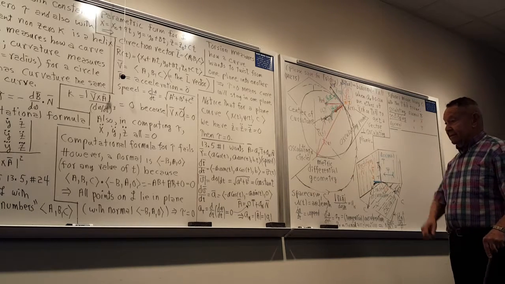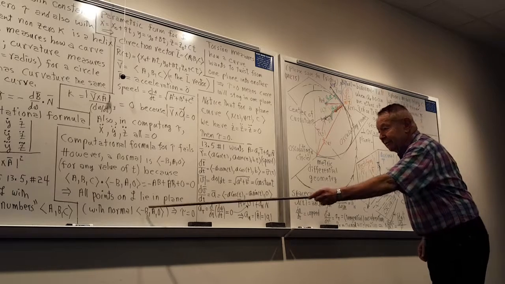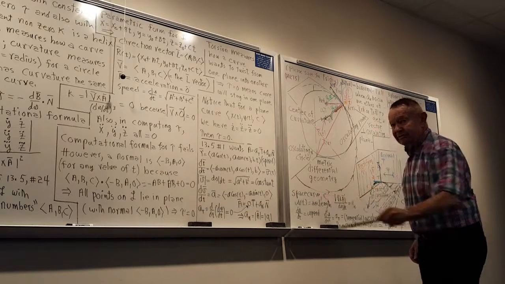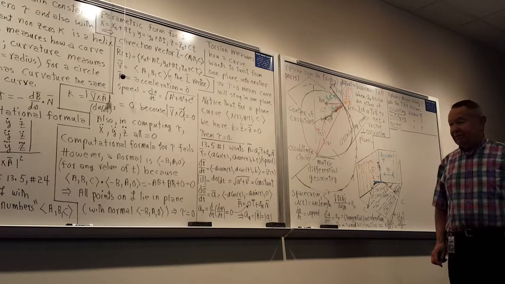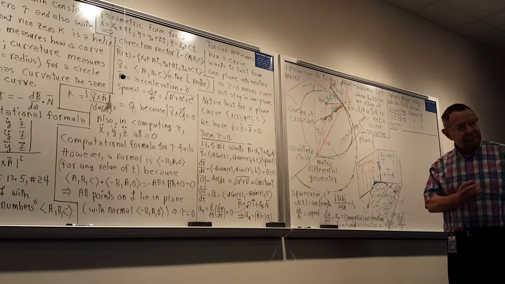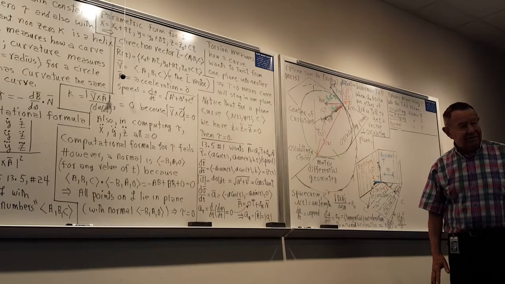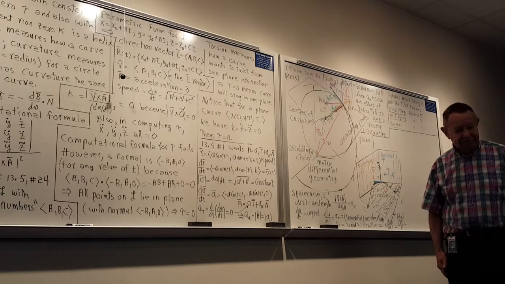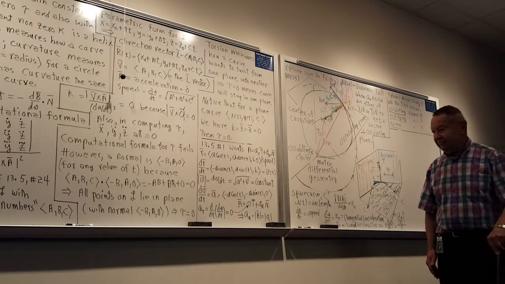And it's the plane where this would be the normal to the plane, you see. No matter where you are, you always have the same normal. So that's the normal for the plane that the curve is in, so it's in the same plane. That's why I was holding up the paper.